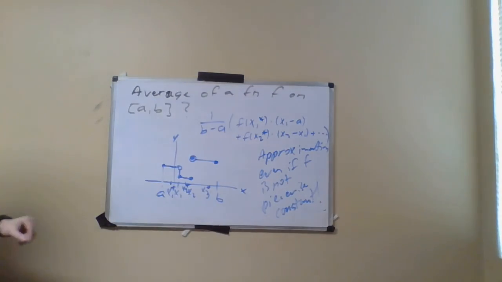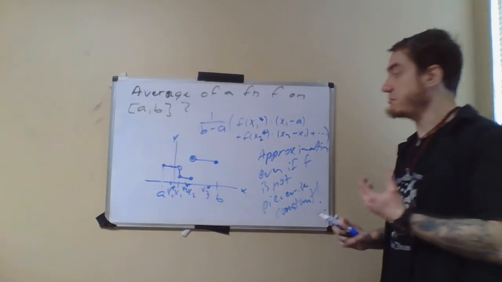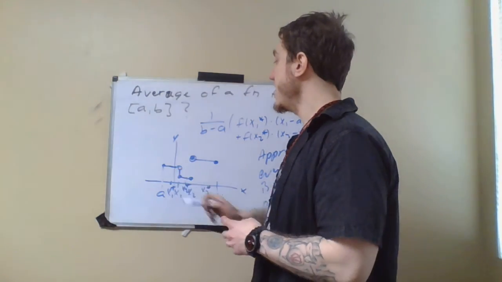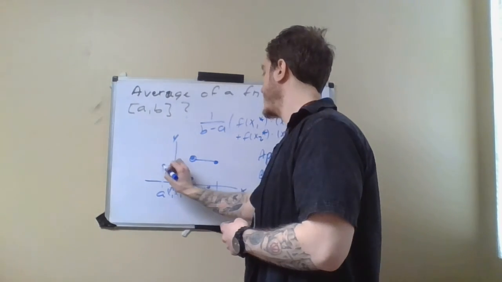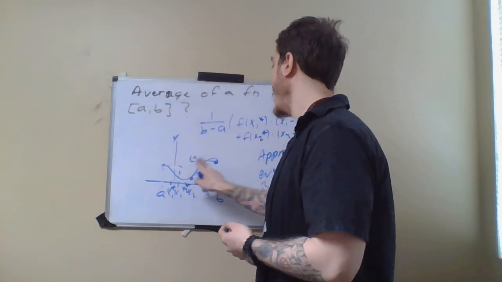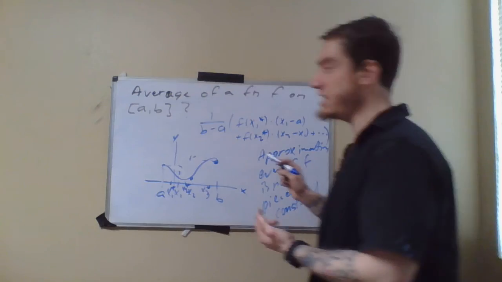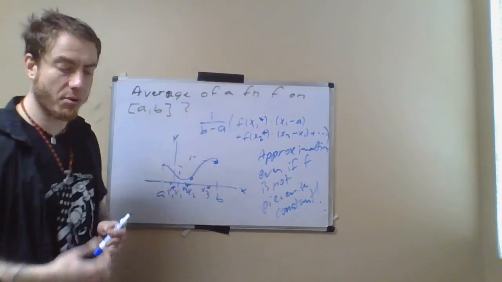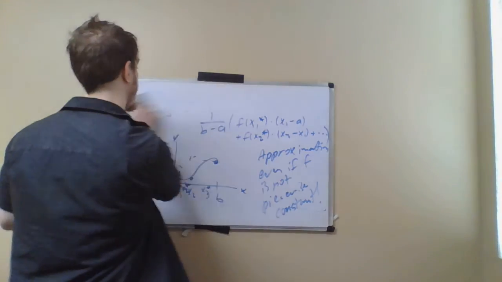Now, this works as an approximation even if my function is not piecewise constant. So even if I have something like that instead, I can still use this method as an approximation. And in the limit, as the approximation gets better and better, well, this just turns into an integral.